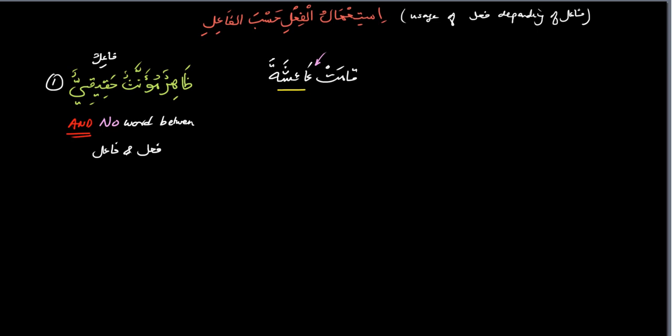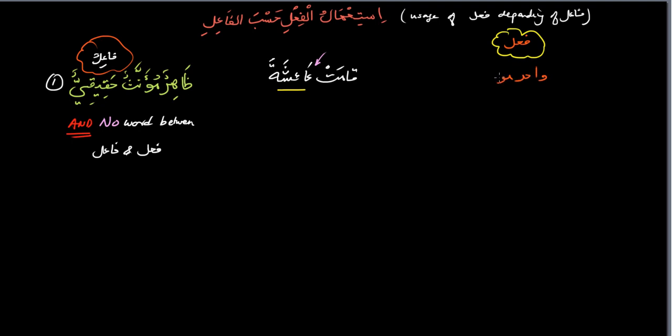Okay, then the fi'l that's used, so this is the fi'l, this is the fa'il, and this is the fi'l category. So if the fa'il is this, then the fi'l that will be used will be listed over here. Okay, so واحد مؤنث.